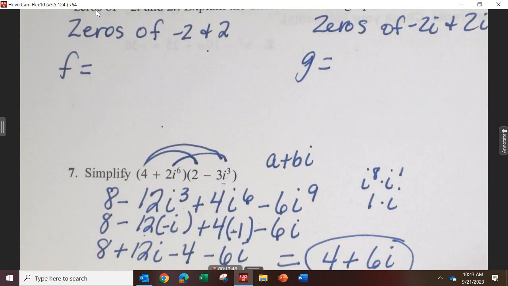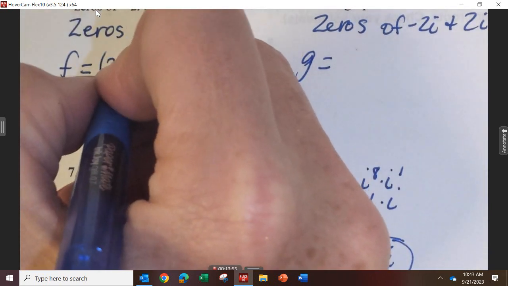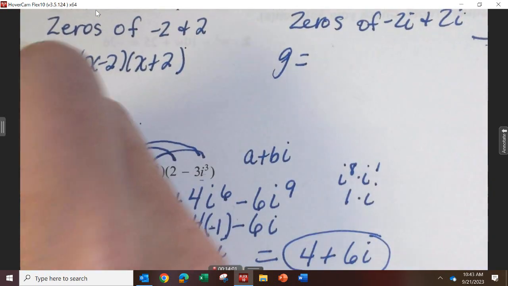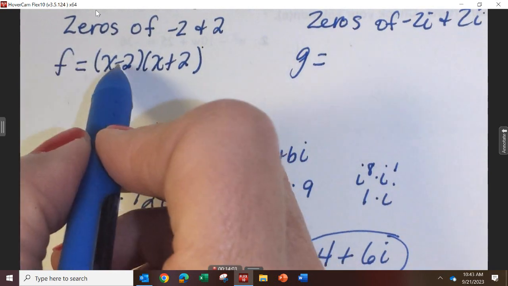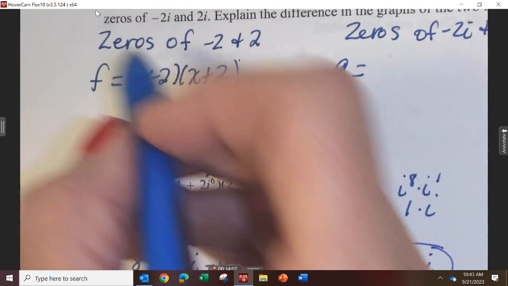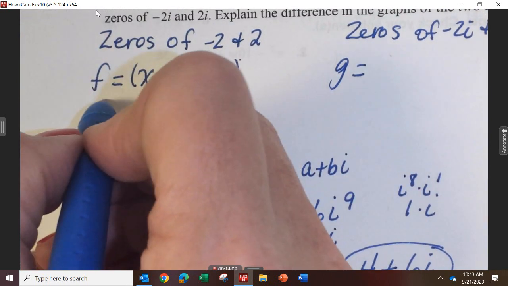Yeah, what do you think, Alex? So you want it to be x minus 2 times x plus 2. Okay, so then if I set that equal to 0, then I would have 2 and -2 as my solutions. That works, doesn't it? So what is that equation if we multiplied it out?